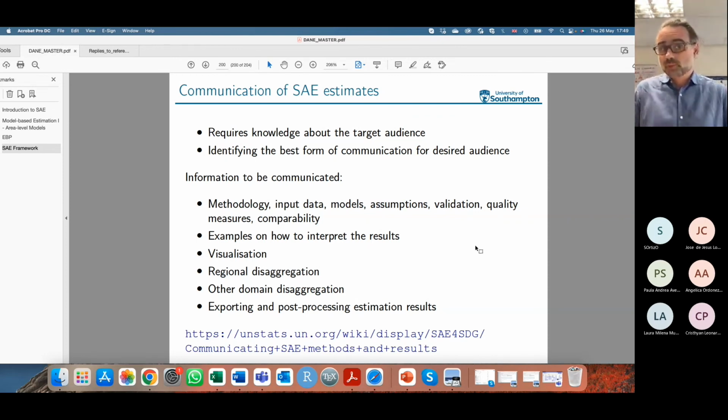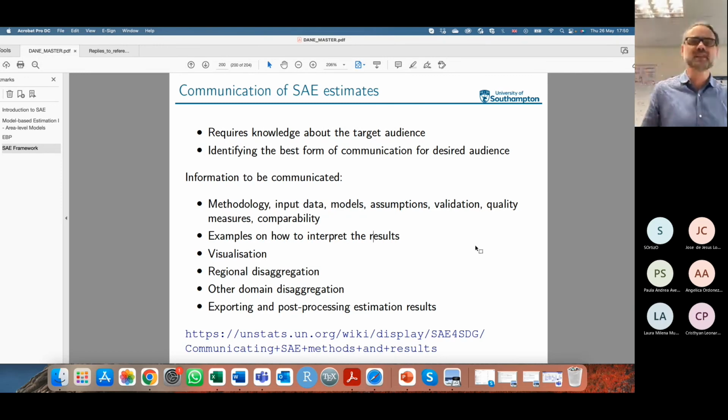Visualization, including possibly maps and graphical tools to communicate your results, really helps a lot, especially for a non-technical audience to understand what you're doing. Regional disaggregation is important, and other domain disaggregation. So you may have a municipality disaggregation, but maybe you also want to consider other domain disaggregation, for example, poverty status by key demographic characteristics, such as age and gender and other categories of interest.